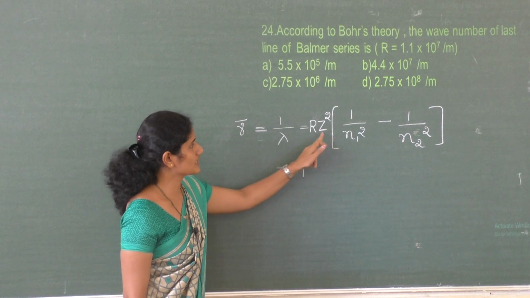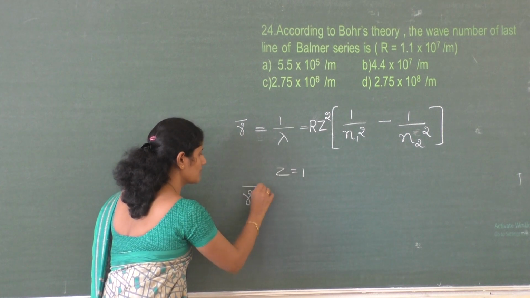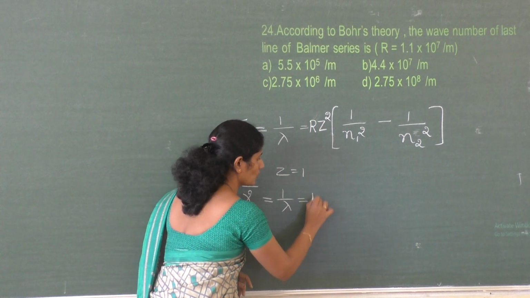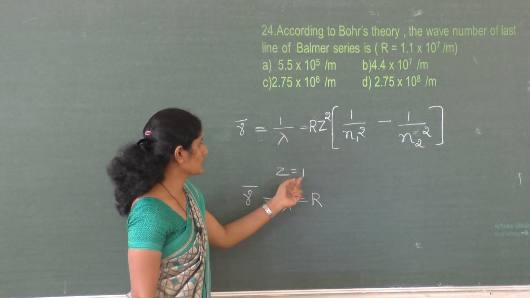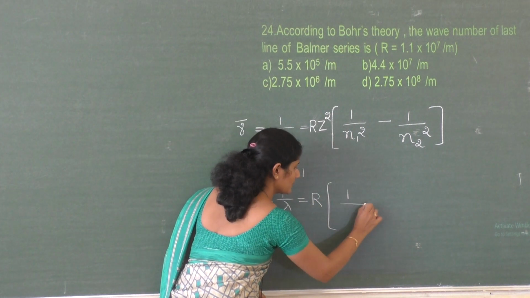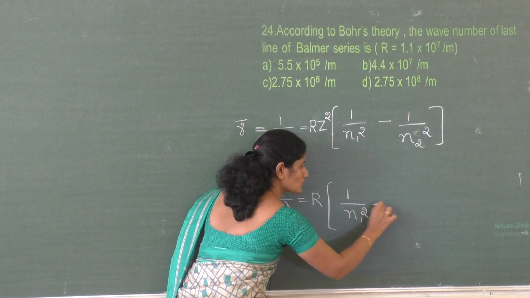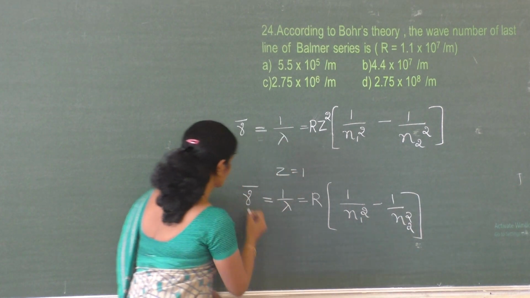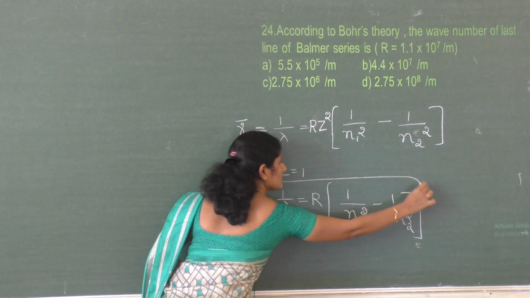So for Z equal to 1, wave number nu bar is equal to 1 by lambda is equal to R into 1 by n1 square minus 1 by n2 square. So this is the formula we are using.